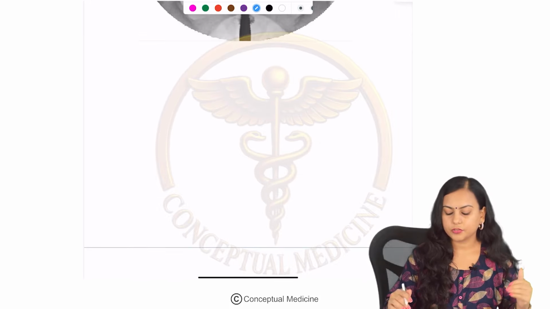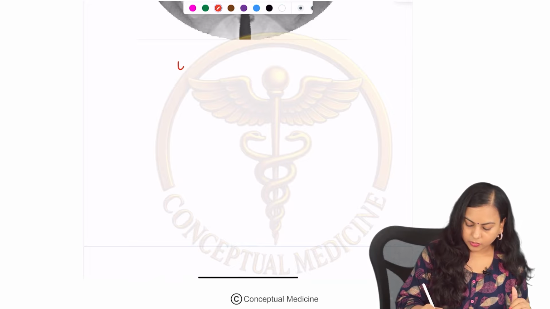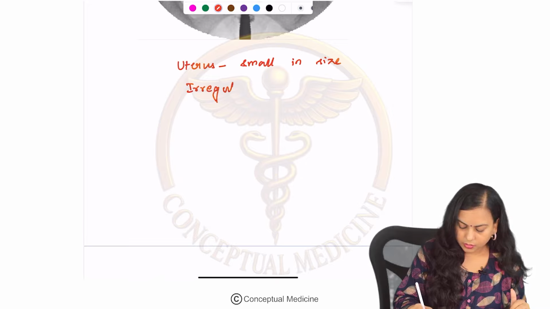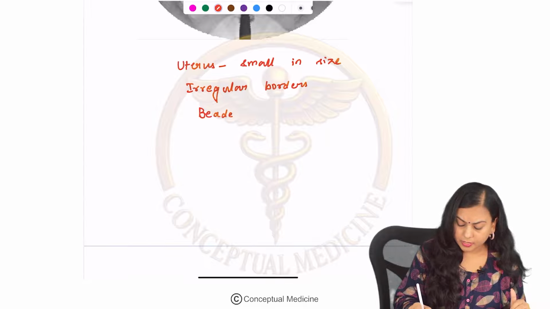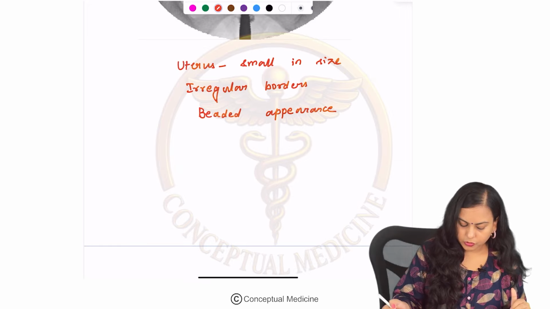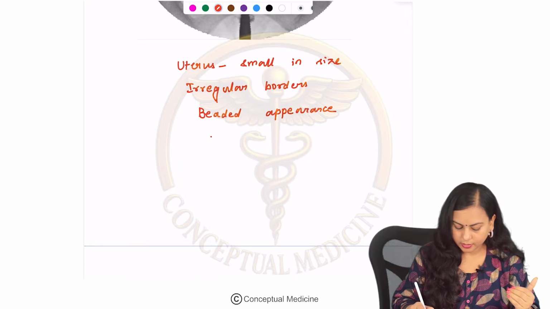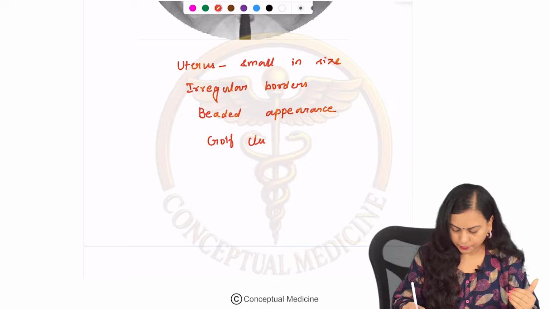So what are the features we have observed? The uterus is small in size. It shows irregular borders. You have beaded appearance of both the tubes, and the distal portion of the tubes is showing a golf club appearance.